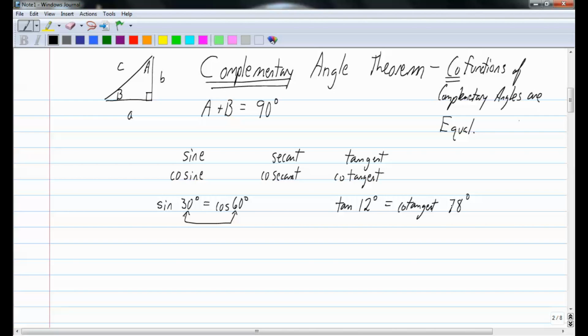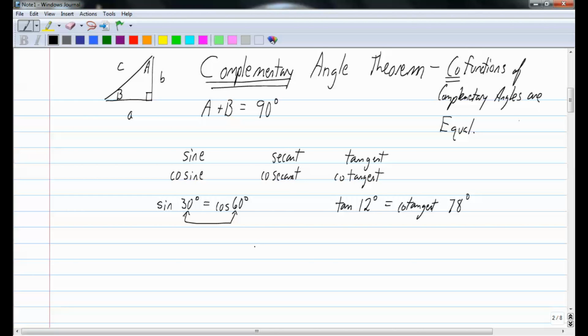And that's always true. So if those add up to be 90, then they're equal.